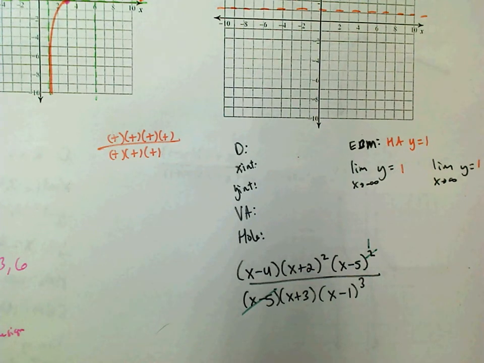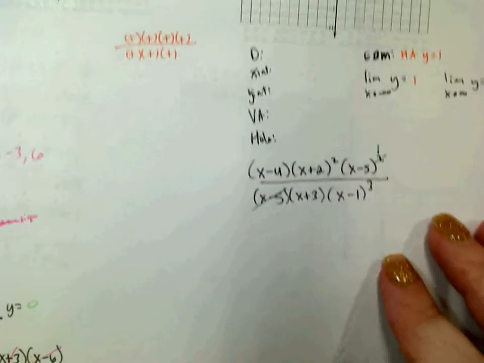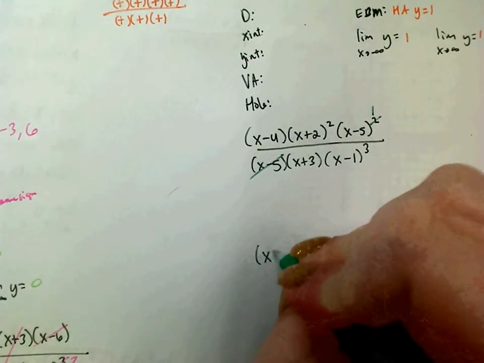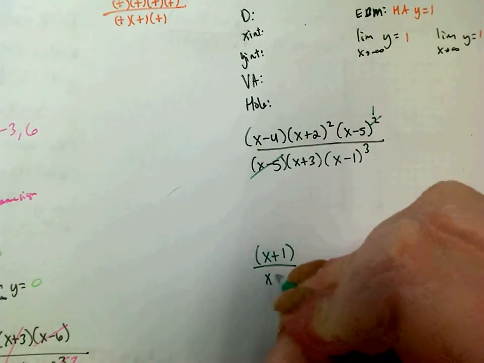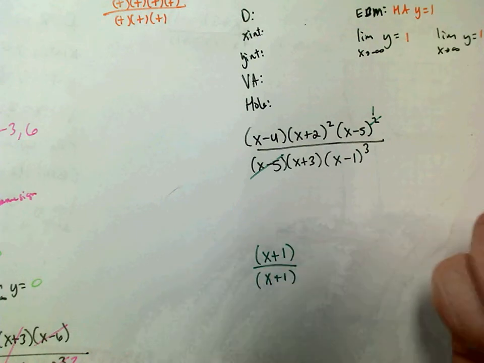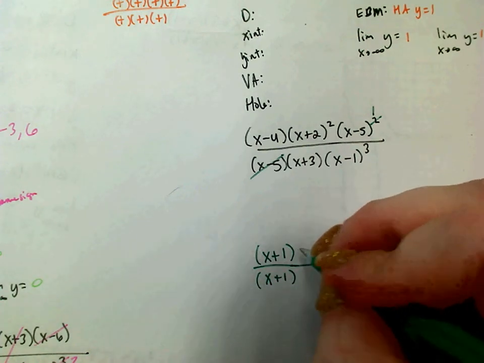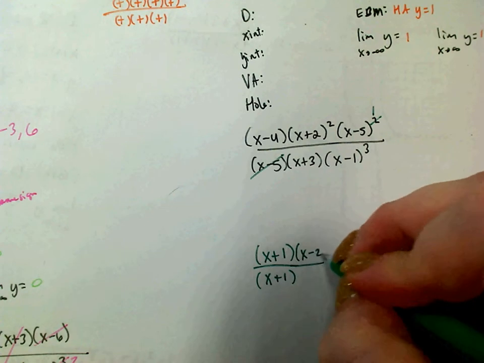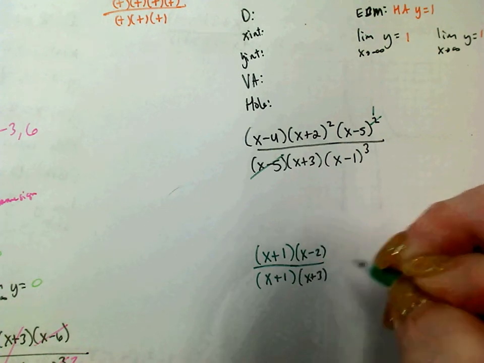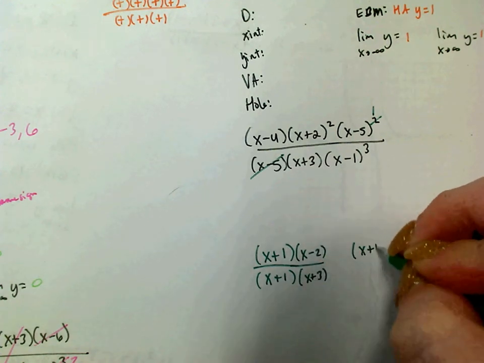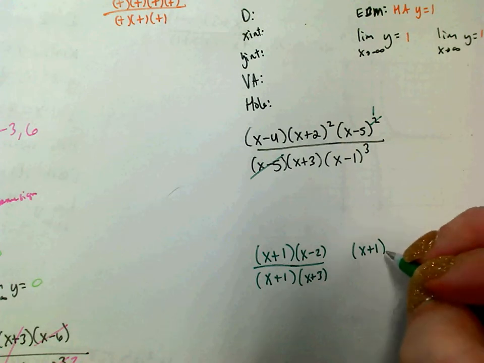So x plus 1 over x plus 1. X plus 1 divided by... I'm just making up examples because I want to talk about it real quick.